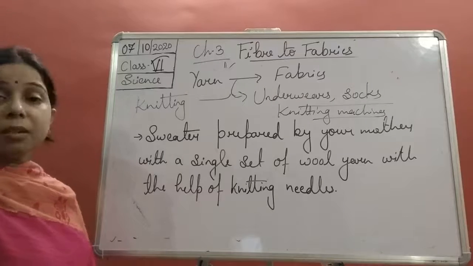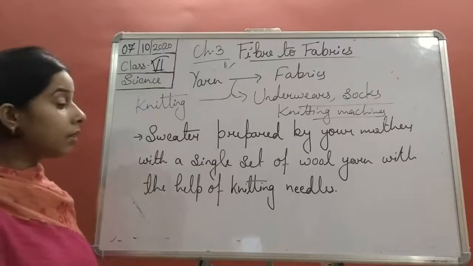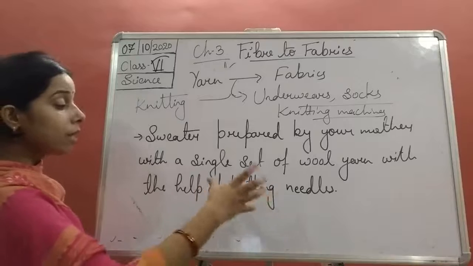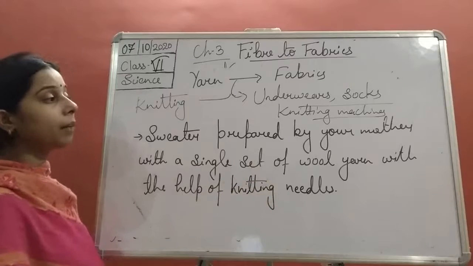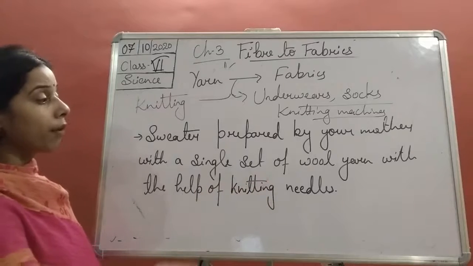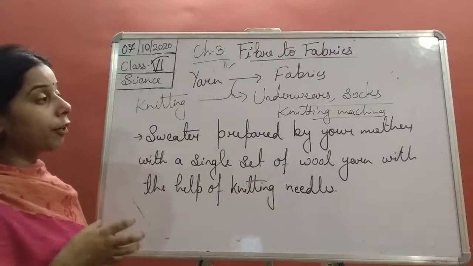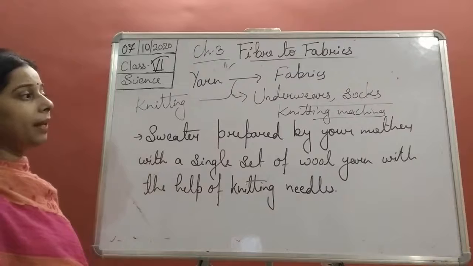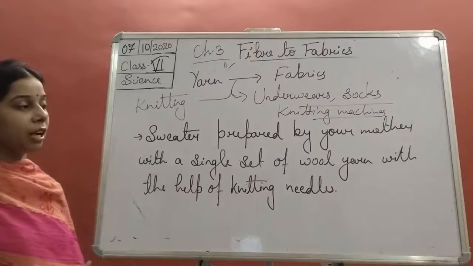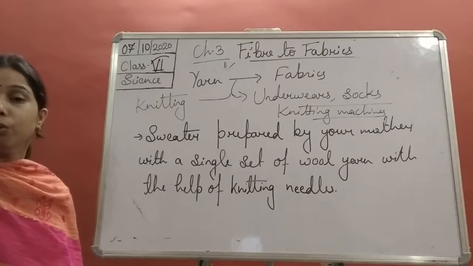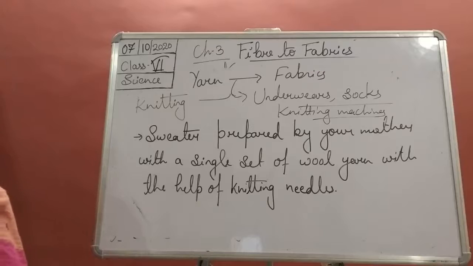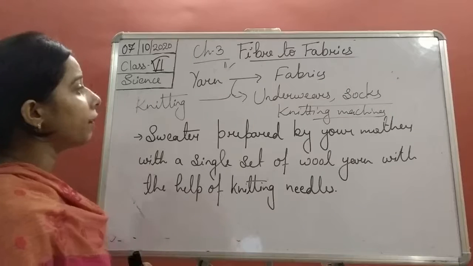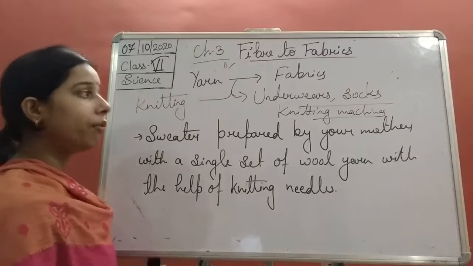And knitting machines are also there, in which a knitting needle is not used, but the machine is used for converting the yarn into fabric. It can be any fabric, especially we are talking about wool yarn. So this is about knitting. These are the two different methods by which we can convert yarn into fabric.